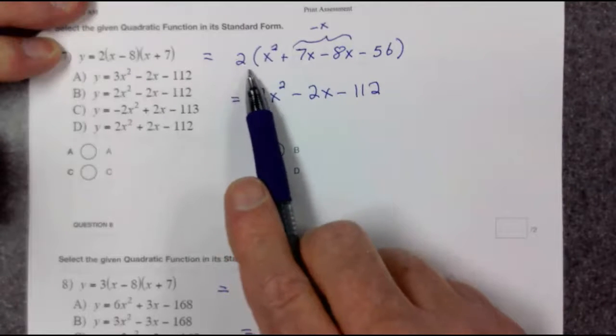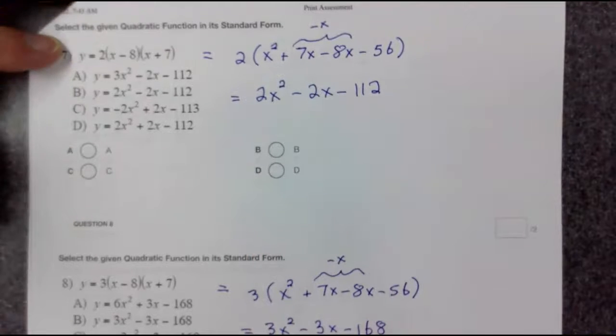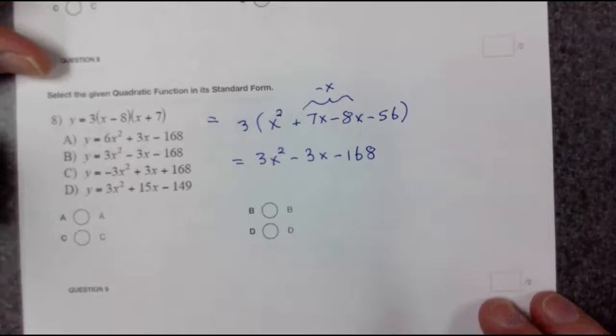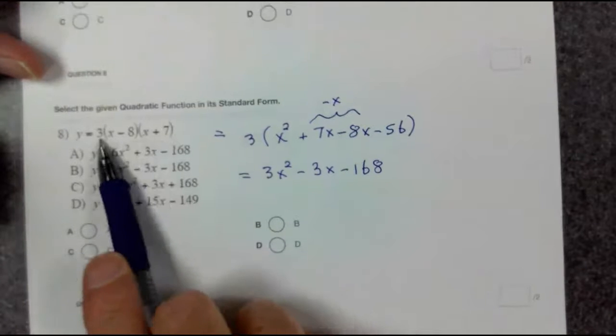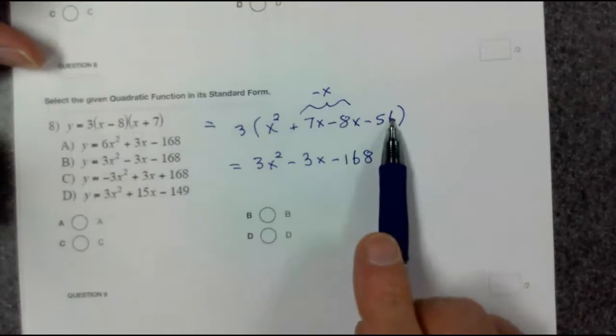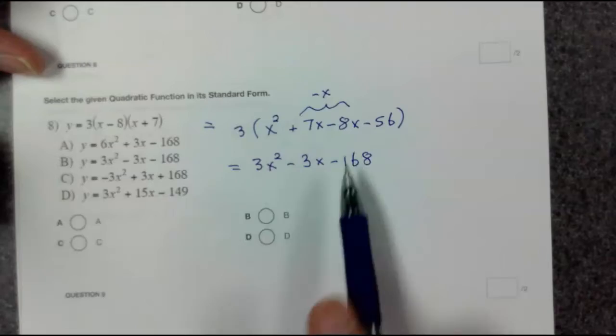Then I take this 2 and distribute it, and this is what I got. Almost the exact same problem, number 8. The only difference is this one's a 3. I multiply it out the same way, combine like terms, take the 3 and distribute it.